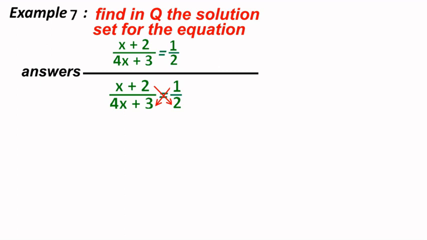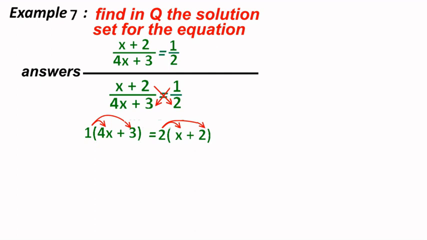The left hand side will be 1 open bracket 4x plus 3 close bracket equals, the right hand side will be 2 open bracket x plus 2 close bracket.